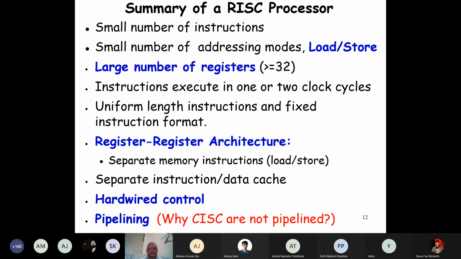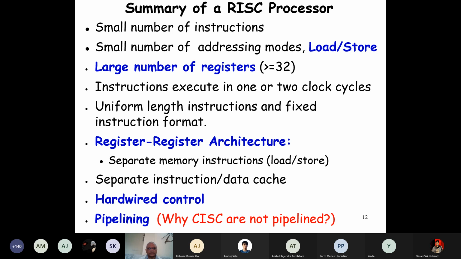The RISC processors execute in 1 or 2 clock cycles. That means that each instruction is a simple instruction like add, subtract, etc. Whereas in CISC, some of the instructions were extremely complex. Some were doing add and so on, and some were doing string comparison. Some instructions used to take 1 cycle, another instruction may take 32 cycles, or maybe 128 cycles and so on.